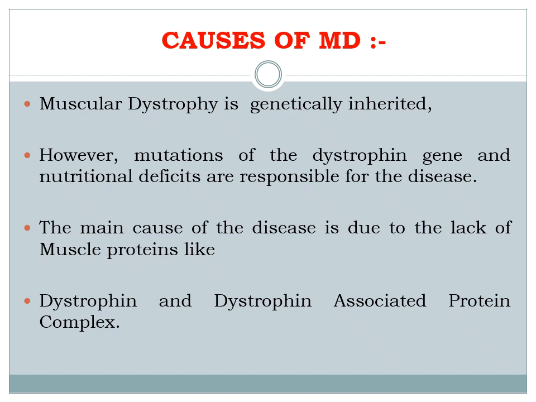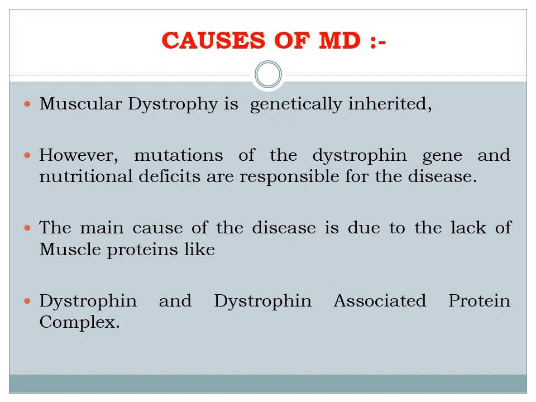Causes of muscular dystrophy. Muscular dystrophy is genetically inherited. However, mutations of the dystrophin gene and nutritional deficit are responsible for the disease. It's a genetic disorder affecting the dystrophin. A nutritional defect is also responsible for the disease.